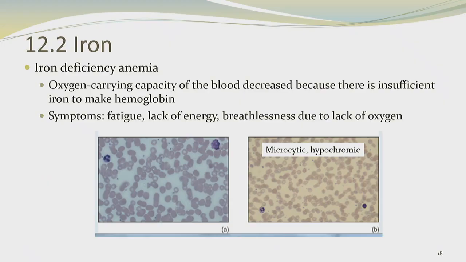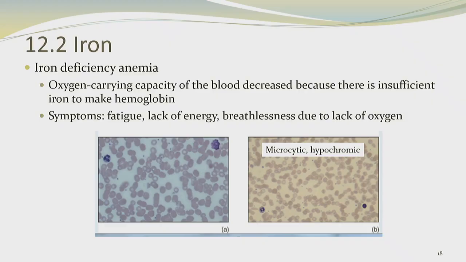iron from plant sources. So what happens when iron is deficient? When iron is deficient, we have iron deficiency anemia, which is characterized by reduced capacity of the blood to carry oxygen, because if you recall, iron is important for formation of hemoglobin, which is responsible for carrying oxygen. And so typically when hemoglobin levels are low as a result of insufficient iron, then the capacity for the blood to carry oxygen is reduced.